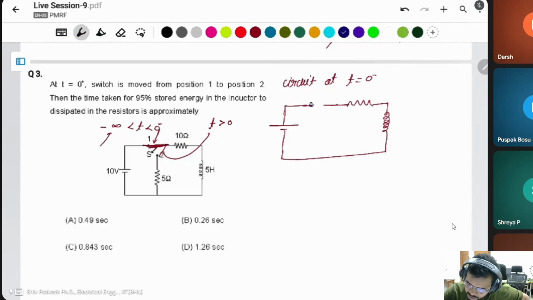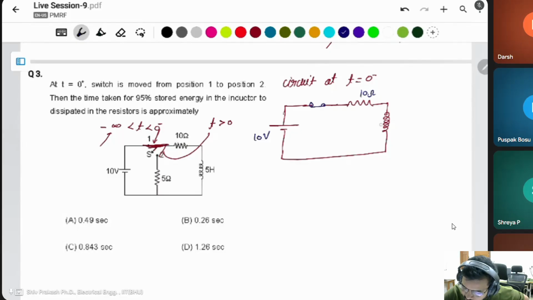This circuit is connected like that, 10 volt here, 10 ohm here. If t is at 0 minus, the circuit has run from t minus infinity to t minus.